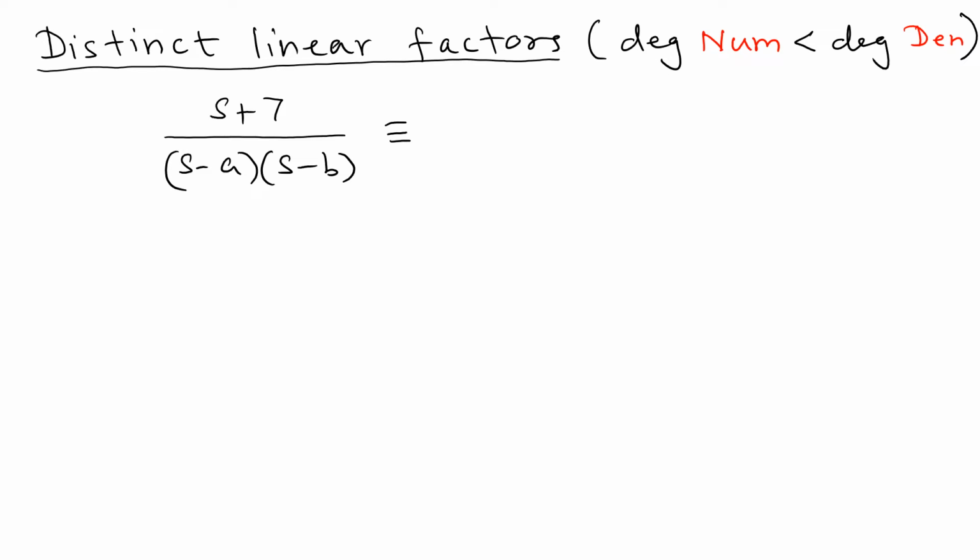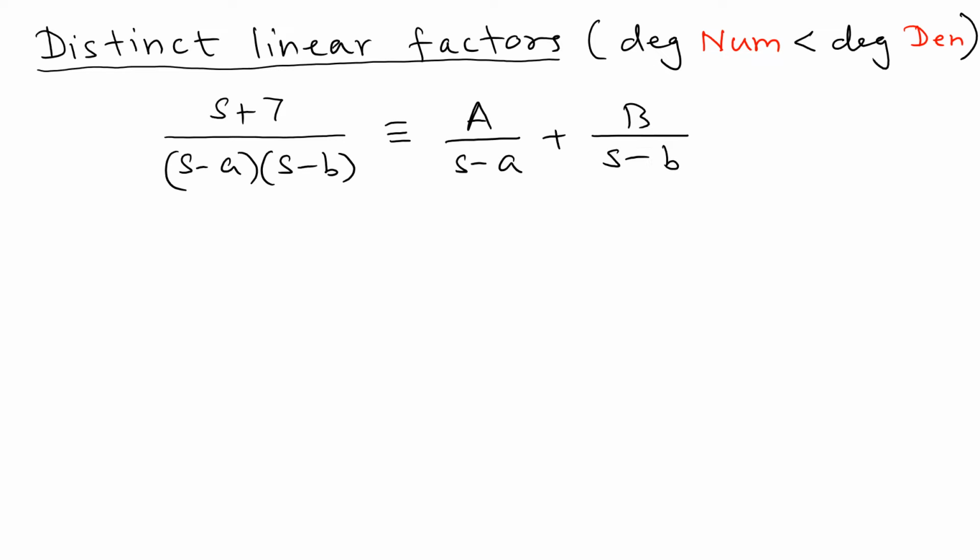Make sure that you write 3 lines here because we use the identity property. It's not 2 lines, it should be 3 lines, because we use the property of identities, not property of equations. So it is A over S minus A plus B over S minus B. Okay, so the goal is to find A and B.